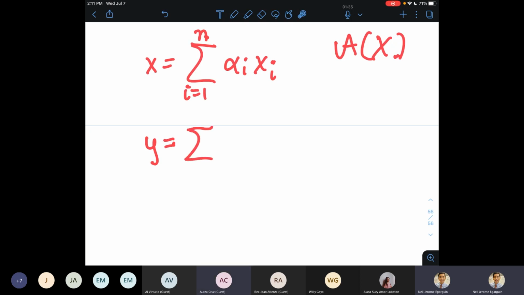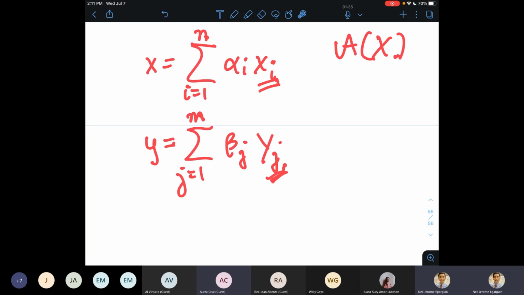And that's why I also insisted on writing it this way, yj, j from 1 to say m, because the expansion for y might require a different number of elements than the number of elements I needed to generate x, and they might not use the same elements at all. So I might use n elements of x for the xi's, and m different elements for yj, all right?